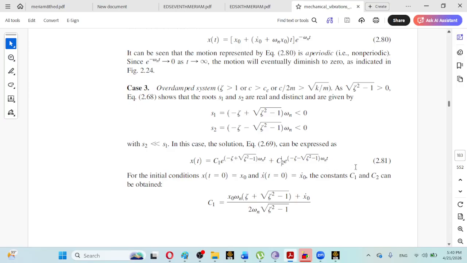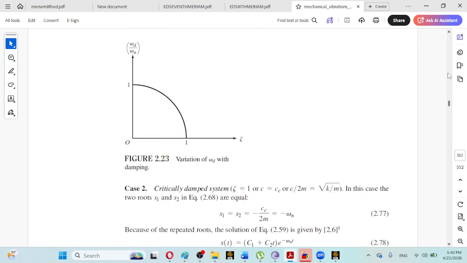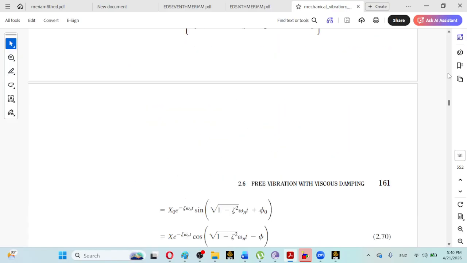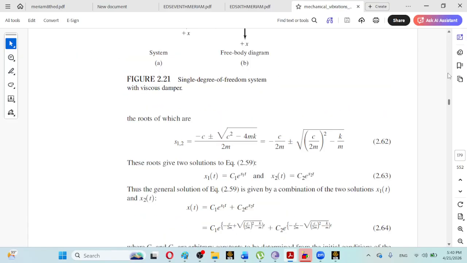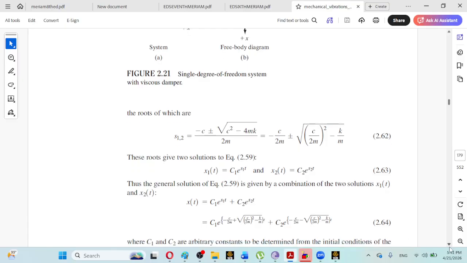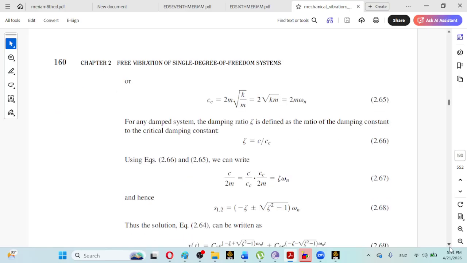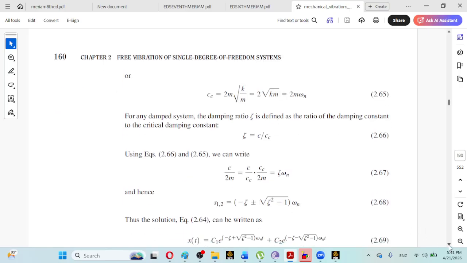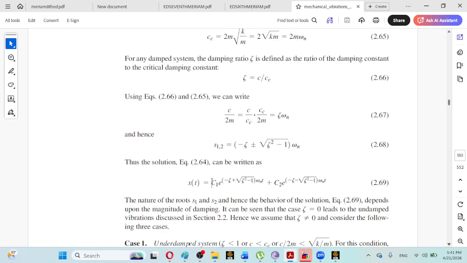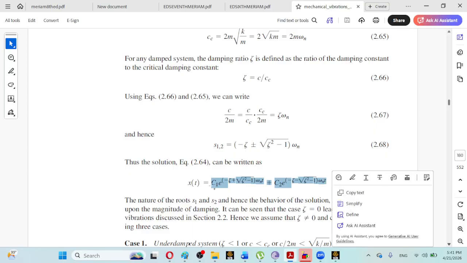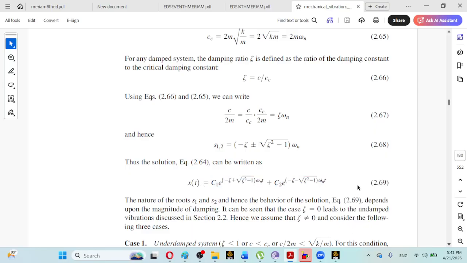So equation 2.69 will be transformed like this, and as we can observe here, equation 2.68, sorry, equation 2.69, in this form, this equation as derived is for the overdamped case, because this equation has not been changed.